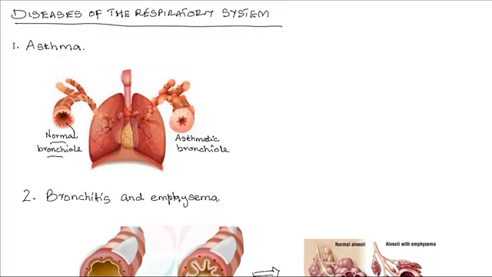Now, in some people, certain weather conditions may also bring about an asthmatic attack, and the person affected may have difficulty in breathing as a result of the contractions of the bronchiole.